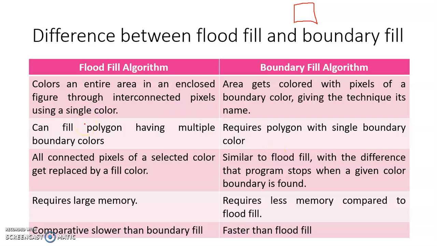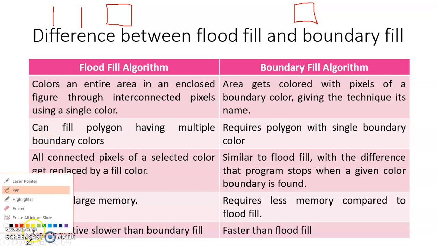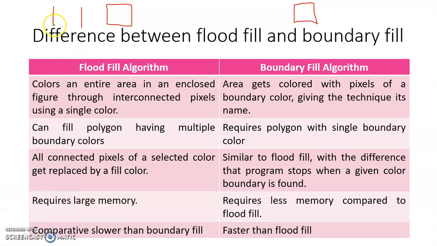Whereas the flood fill algorithm can fill the polygon whose boundary is of the same color, say red, as well as if the boundary of the polygon has multiple colors like red as well as say green, then also the flood fill algorithm can color it, whereas boundary fill algorithm cannot.